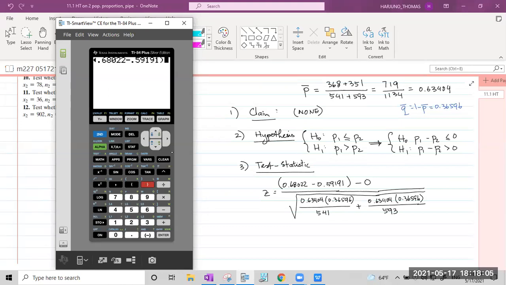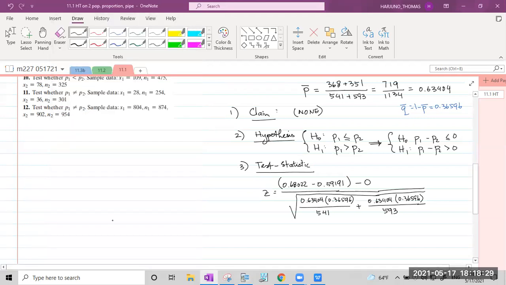Divided by the square root of, now this is the painful one, 0.63404 times 0.36596 over 541. That's the first part.